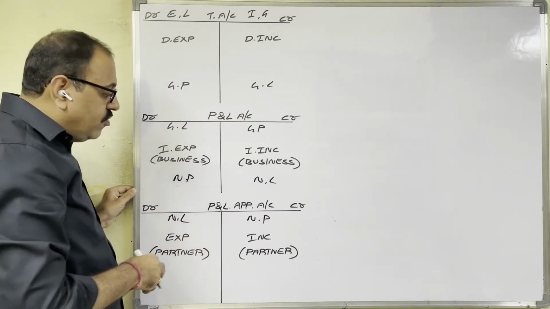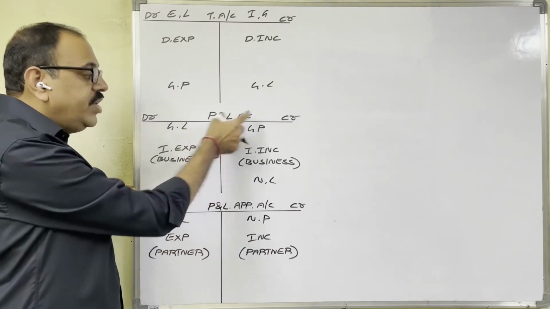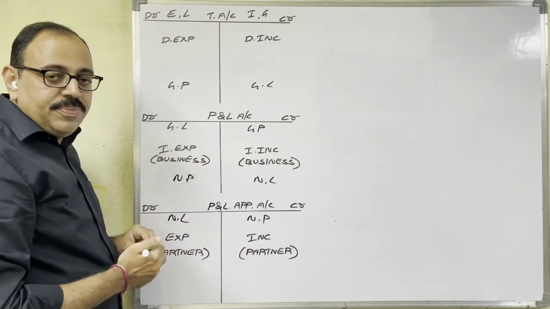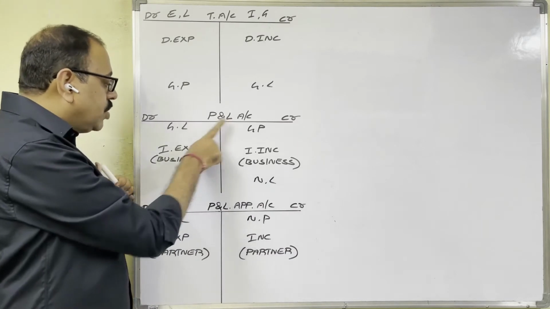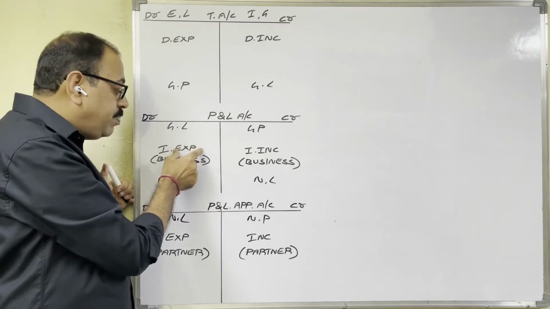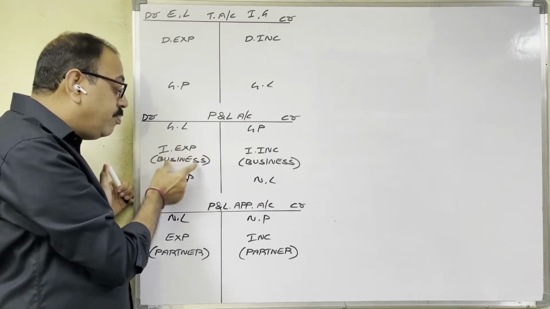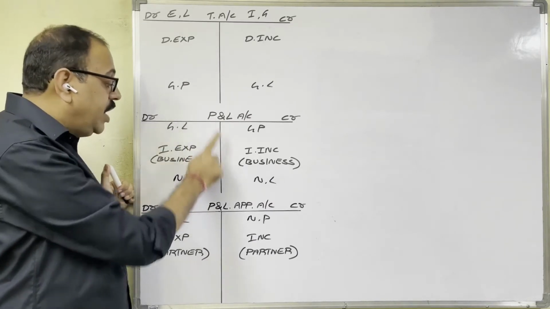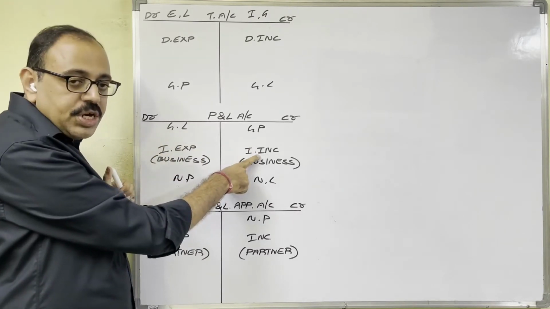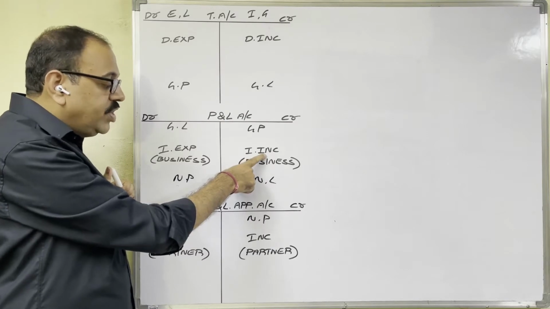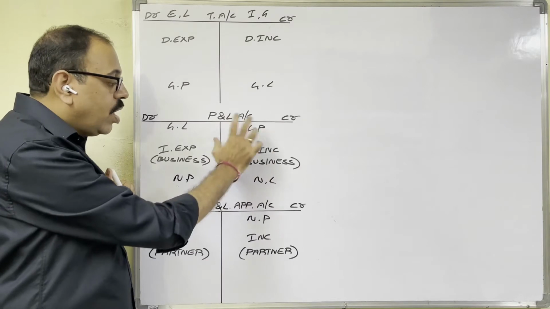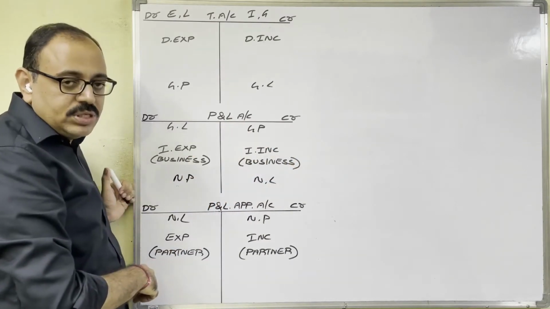Now the doubt is, what is the difference between profit and loss account and profit and loss appropriation account? In profit and loss account debit side, we have to show indirect expenses, no? So expenses which are related to business appear on the debit side of P&L account. Similarly, incomes on the credit side, no? So incomes which are generated in business operations, we have to show on the credit side of P&L account.